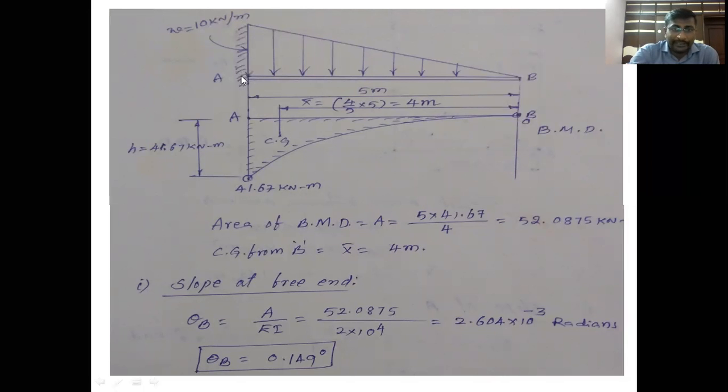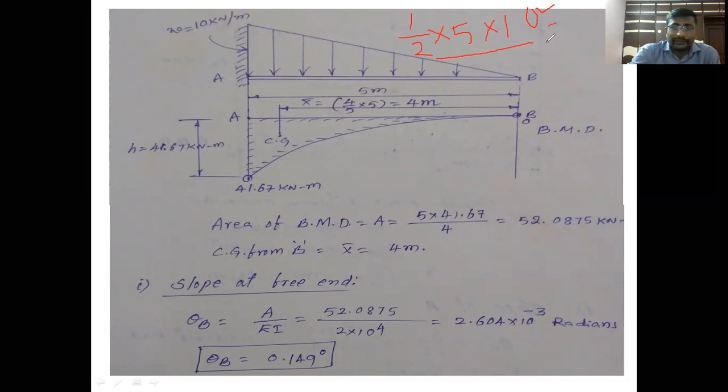The bending moment at point A is the algebraic summation of all the moments on the right side of point A. So what is the load acting on the right side of point A? A triangular load is there. How do we calculate the load value? It is the area of the triangle, half into length 5 meters into height 10 kilonewton per meter. Like this, you calculate the area of the triangle, which represents the total load acting on the beam.